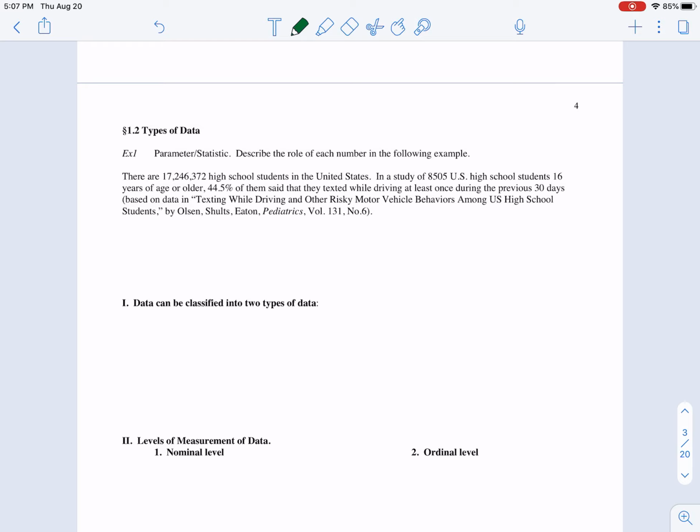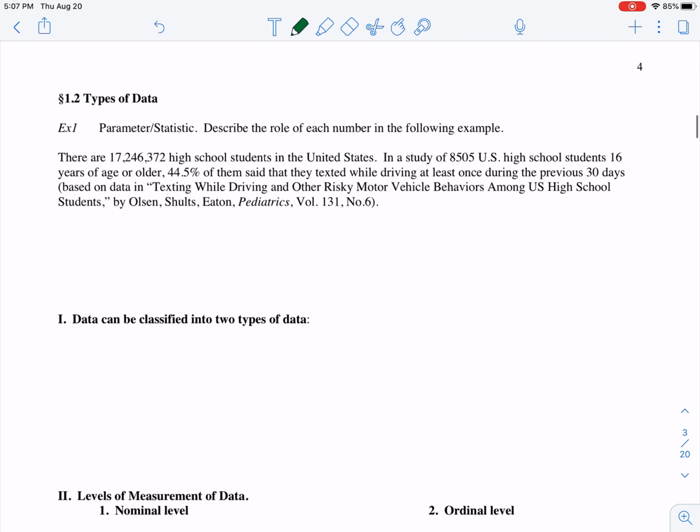To understand that, the first thing we look at is how to know when a number is describing a sample size or a result of the study, or when the number is describing a larger set, which is the population. The difference between those two is parameter and statistics. How do we know when a number in a study, in an example like this or a journal, is referring to the larger population or just a sample size?